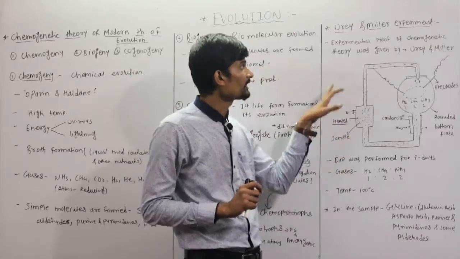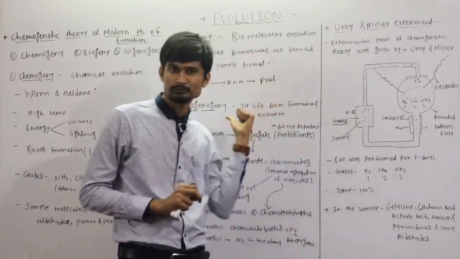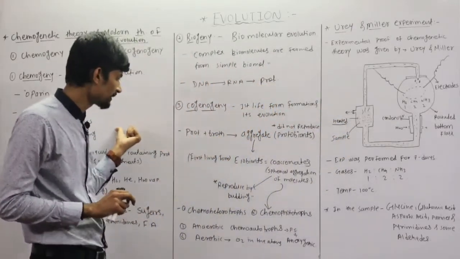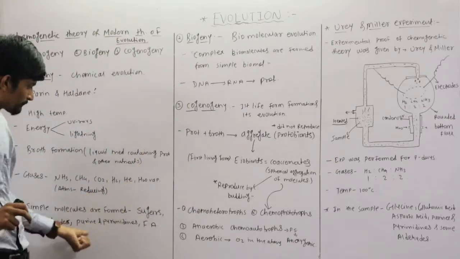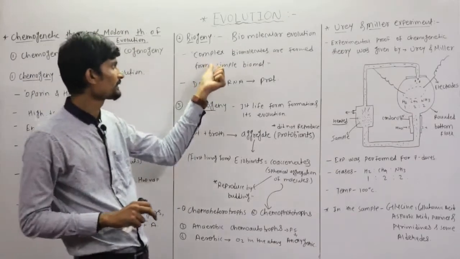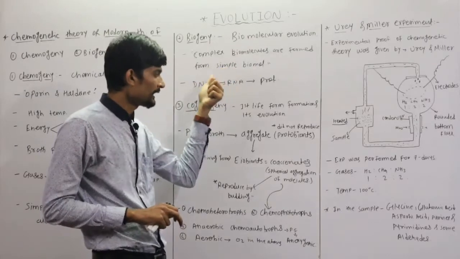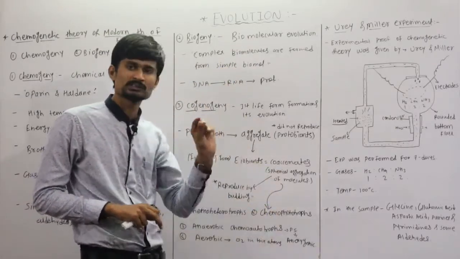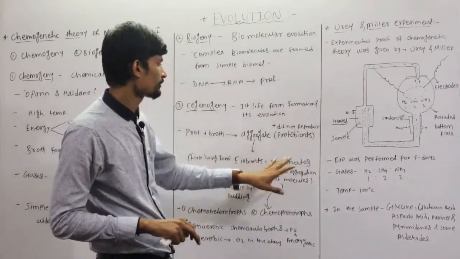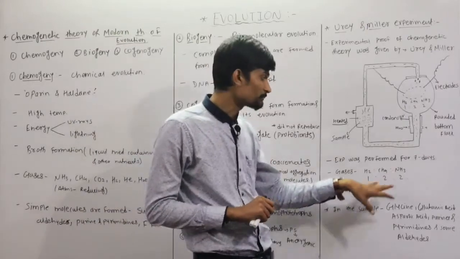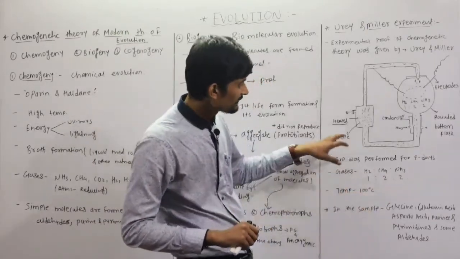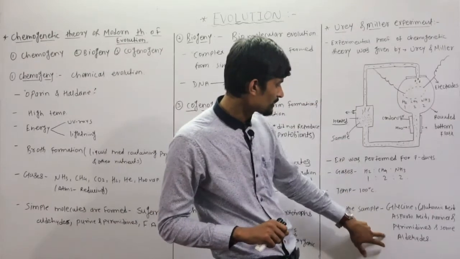So this is the actual experimental proof for the chemogenetic theory, because the chemogenetic theory said that there is formation of simple biomolecules, from simple there is formation of complex biomolecules, and then complex biomolecules form the first living form, that is the eobionts or coacervates. So this experiment proves that there is formation of simple molecules.